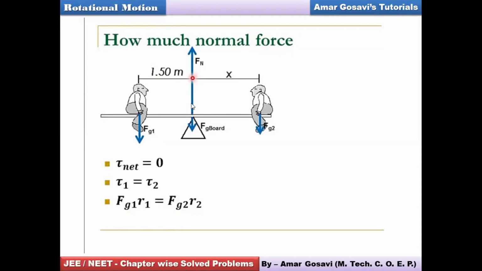There is a normal reaction, Fn, acting upwards along the positive y-axis. The second person is exerting force in the gravitational direction, Fg2. Now the equation we can apply is that the torque exerted by these two people about the center, the fulcrum, should be zero for rotational equilibrium. All right, so let's proceed.